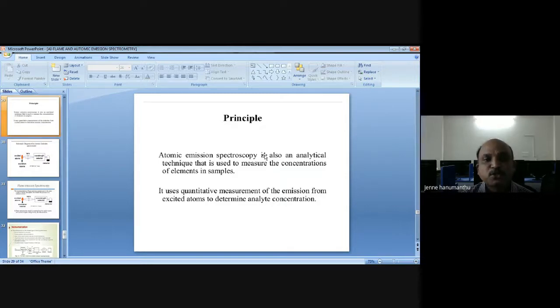emission-based spectroscopy. The emission-based is nothing but atomic emission spectroscopy. Atomic emission spectroscopy is also an analytical technique that is used to measure the concentrations of elements in the samples. The sample may be in liquid form or solid form, isn't it?